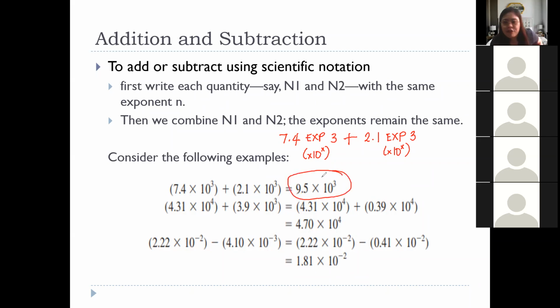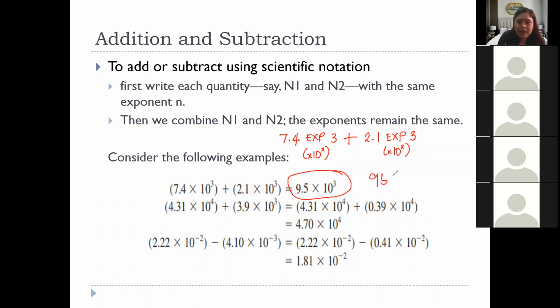Tell me if wala ninyo nakuha nga answer. So kato mga naay calculator, please try it. Nakuha ninyo ang 9.5 times 10 raised to the power of 3. Yeah. Sa mga scientific calculator, if the number is not really that large, it will not give you a scientific notation na answer.